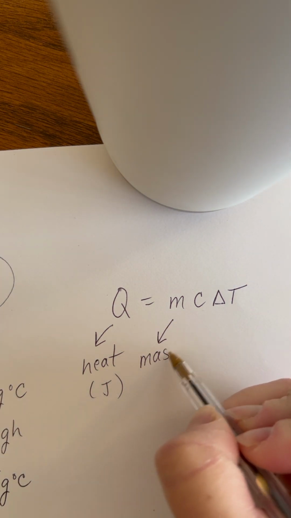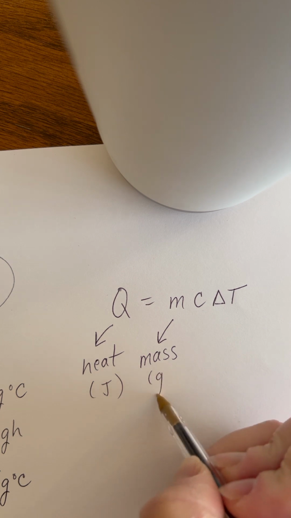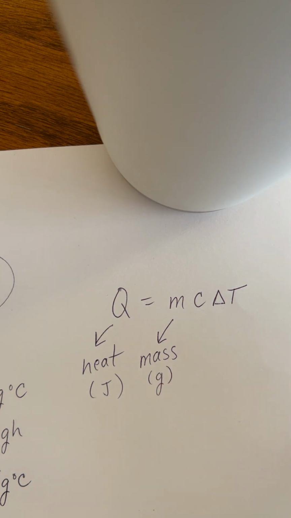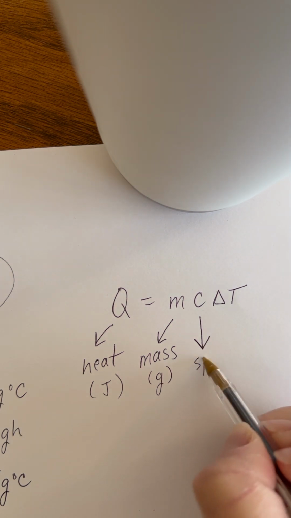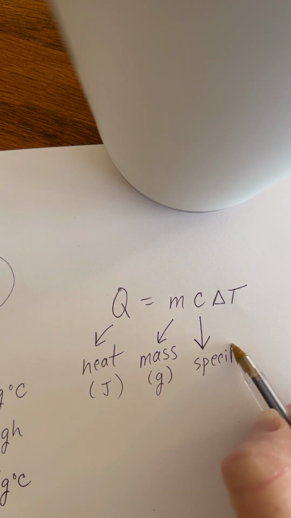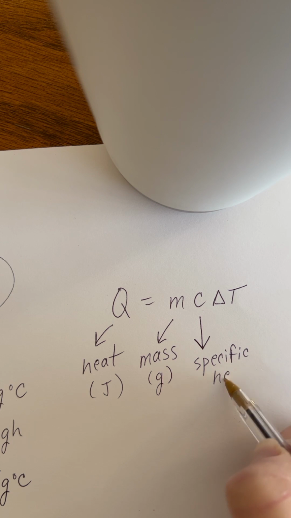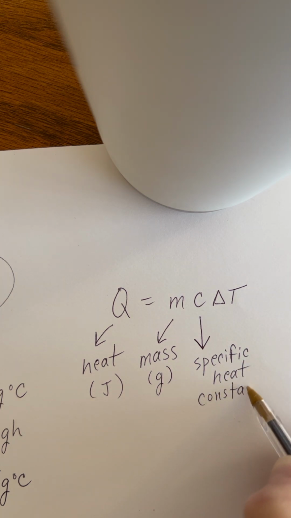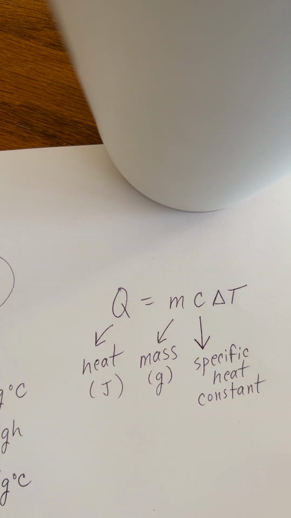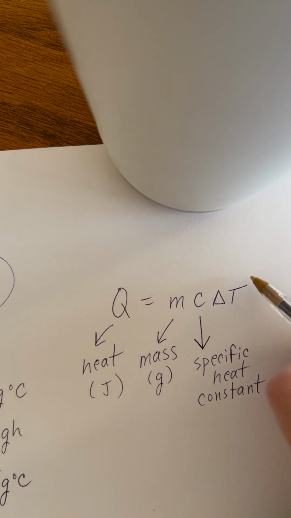M stands for mass, the mass of the sample, most likely in grams or could possibly be in kilograms. This letter C is the specific heat constant that I was just talking about. Every pure substance has a specific heat constant, the amount of energy that it's going to take to raise the temperature of a 1 gram sample by just 1 degree Celsius.